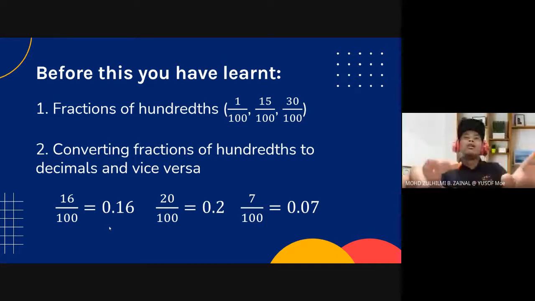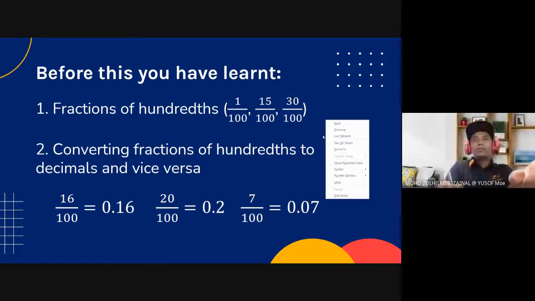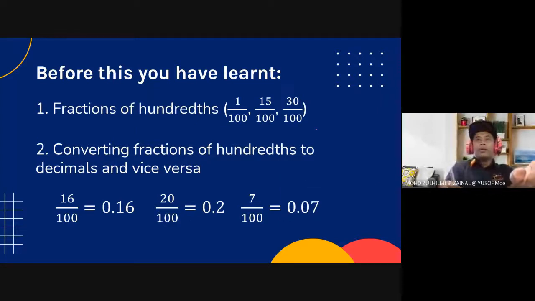So that is how you convert. Macam mana nak convert? Cikgu dah ajar dah before this. You just remain the 16 and then move the decimal point. Contoh cikgu bagi. For example 0.16. You can write it as 16 first.